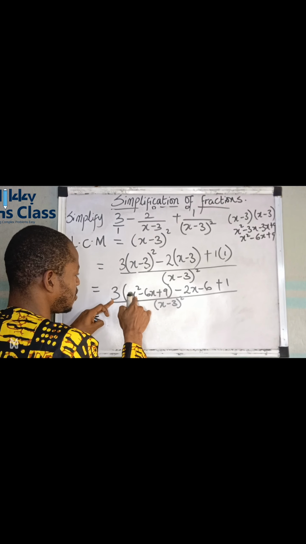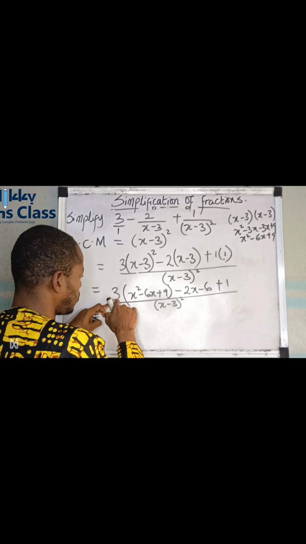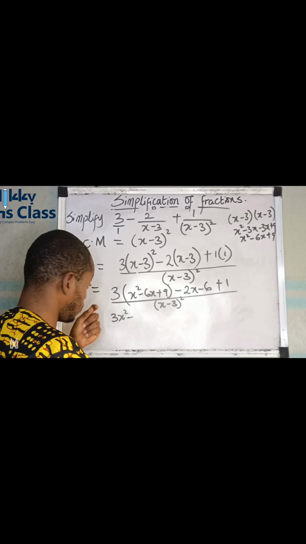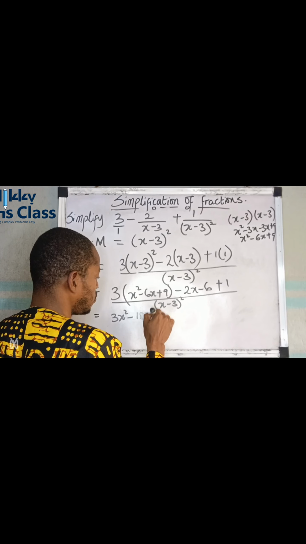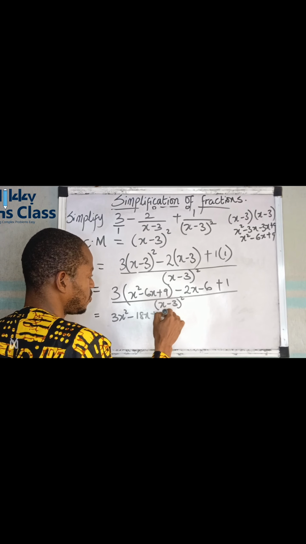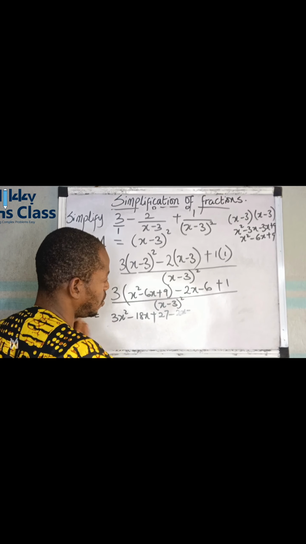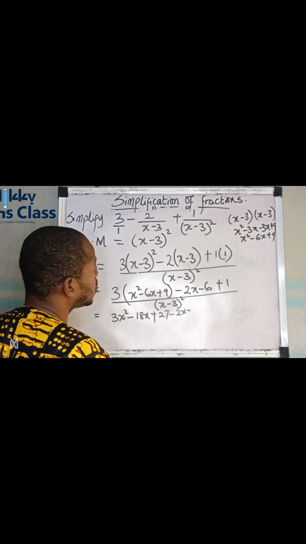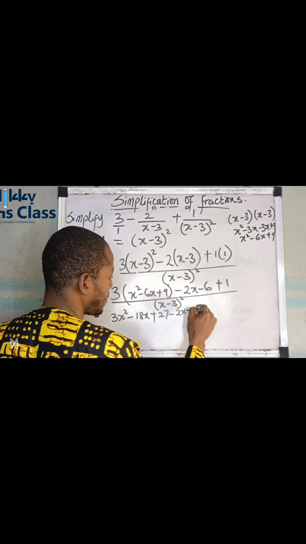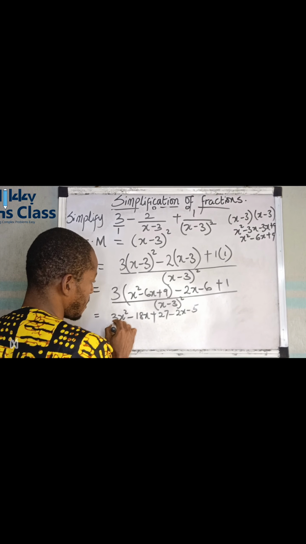So from here, let's expand. This becomes 3x squared minus 3 times 6x, that's 18x, minus 18x plus 9 times 3, that's 27, minus 2x minus negative 6 plus 1.